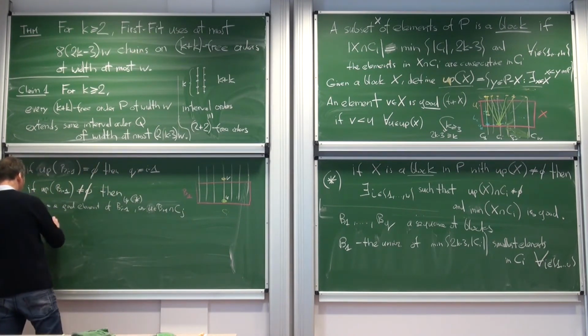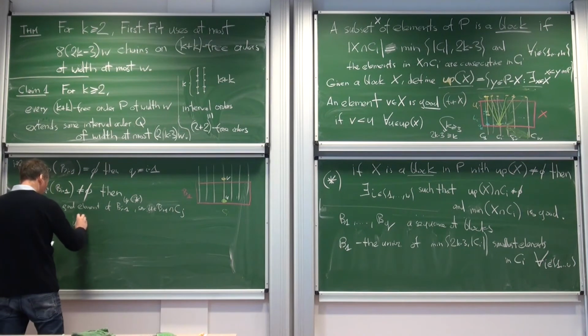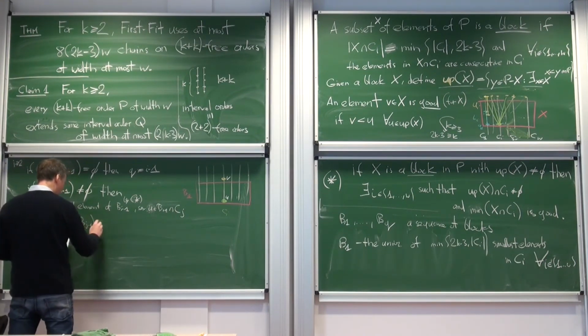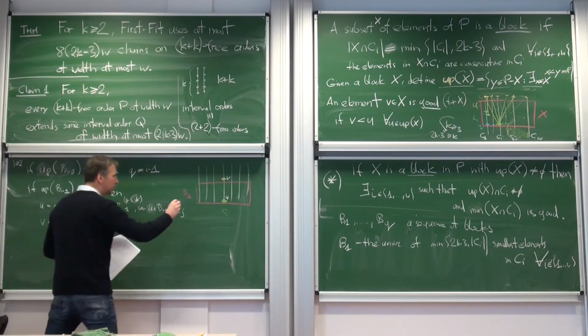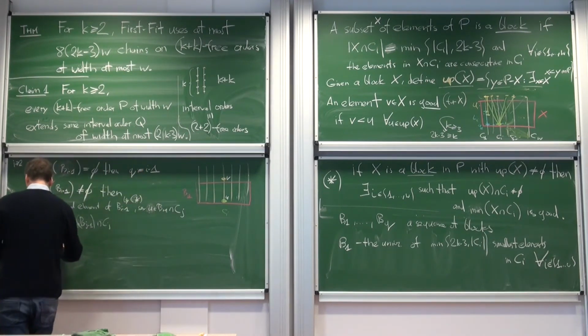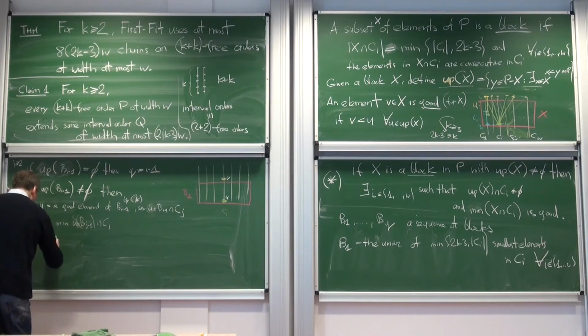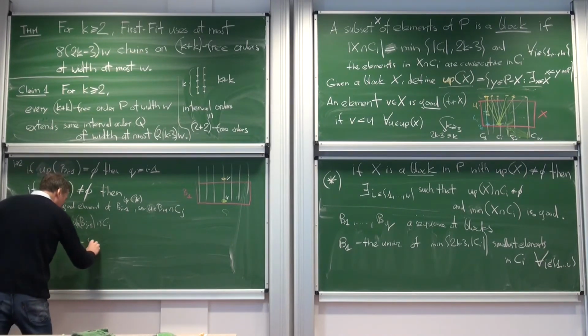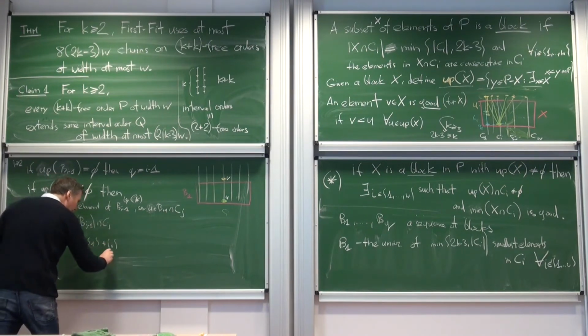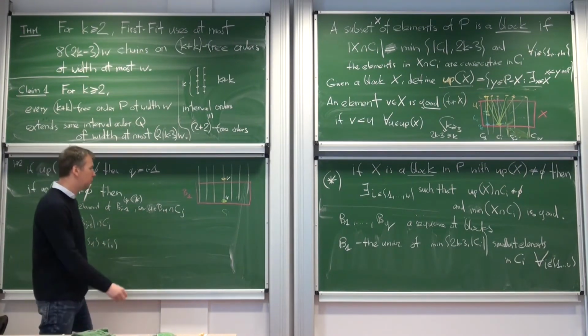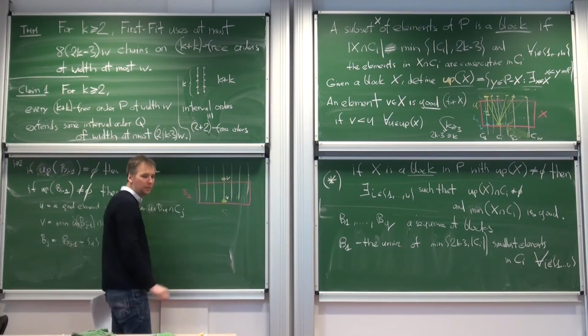So then V is the minimum of the upset of Bj minus 1 intersected with Cj. So V is this guy. And then we simply do Bj is equal to Bj minus 1 minus U plus V. So we remove this guy, we add this guy.